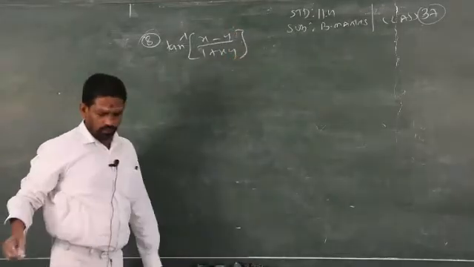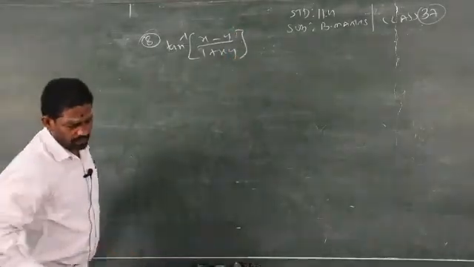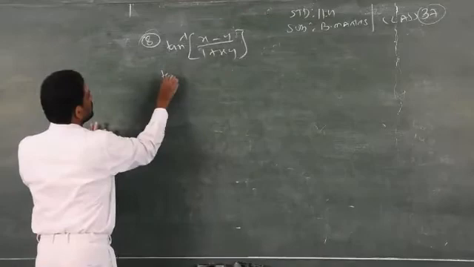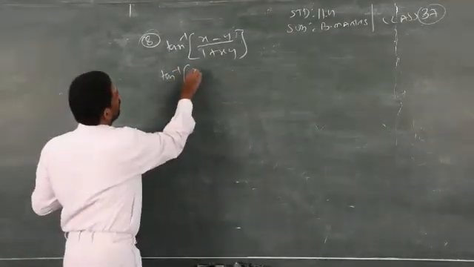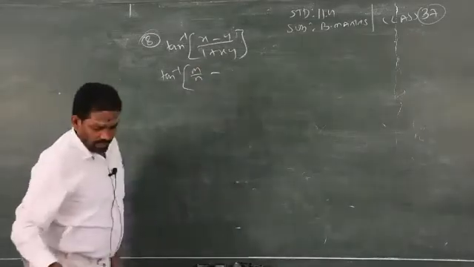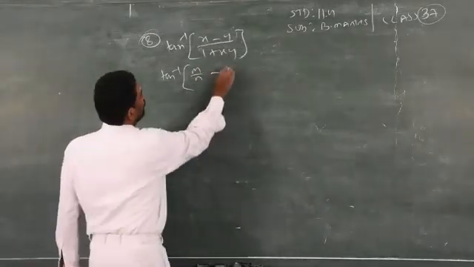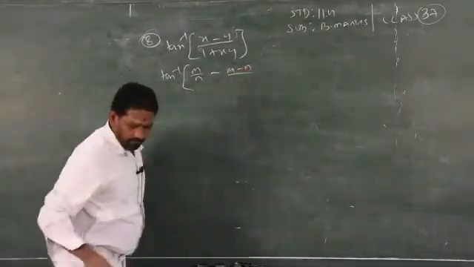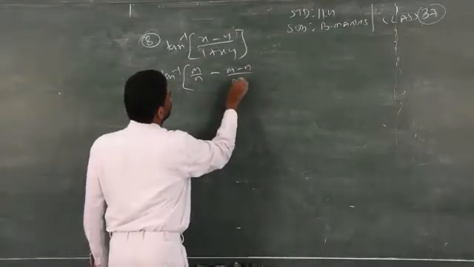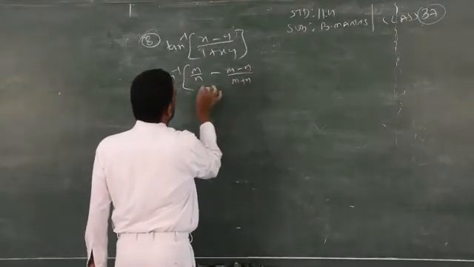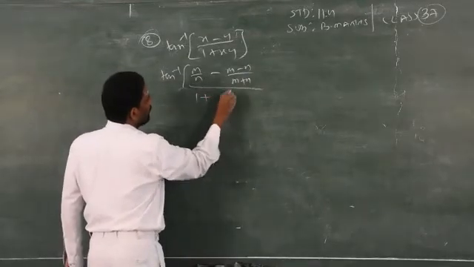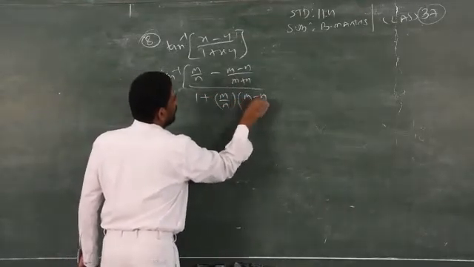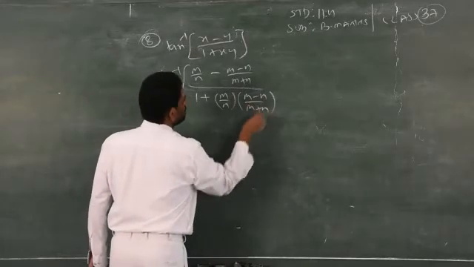This is the formula for tan inverse of x minus tan inverse of y. Just substitute x as m by n and y as m minus n by m plus n, by 1 plus m by n times m minus n by m plus n.